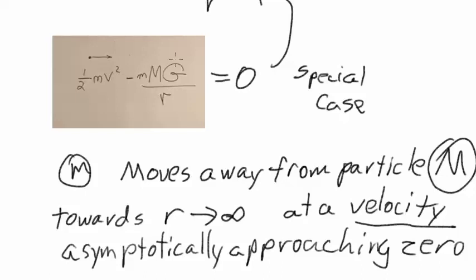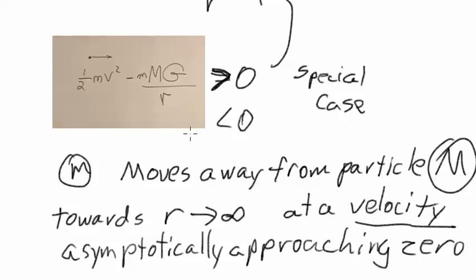If this was just a little bit greater than 0, then the velocity would not asymptotically approach 0. If it was just a little less than 0, the velocity would come to 0 and everything would fall back towards the center.